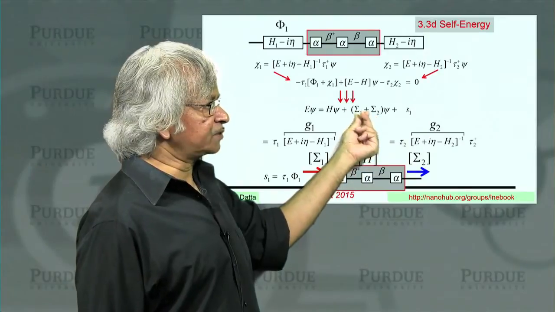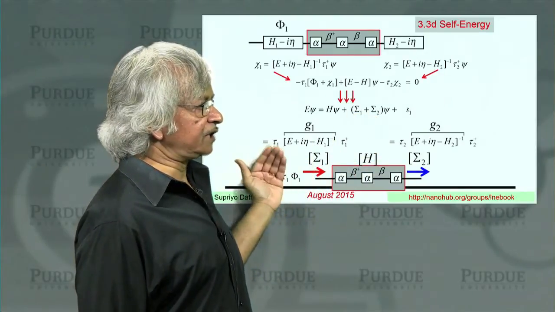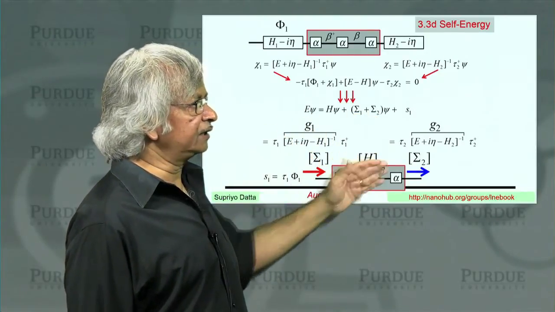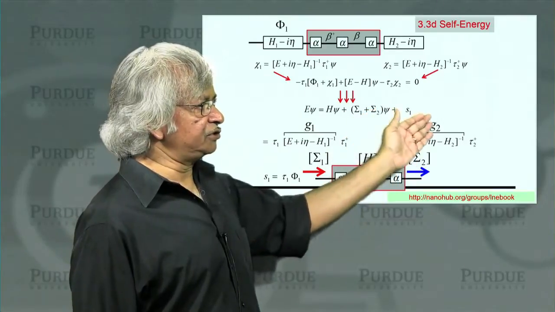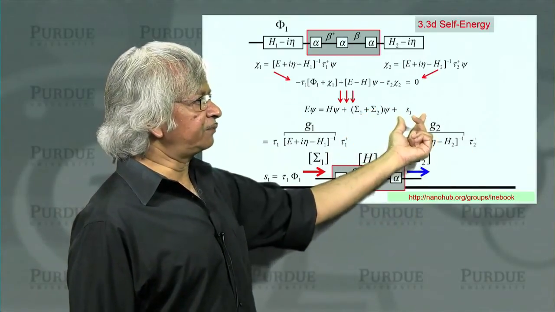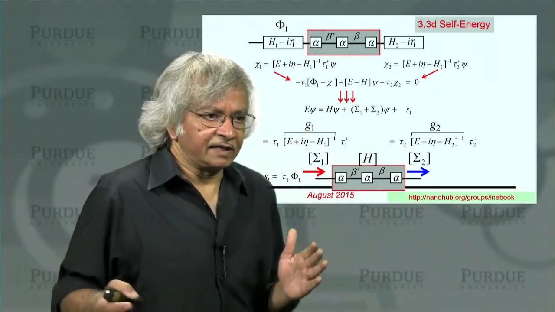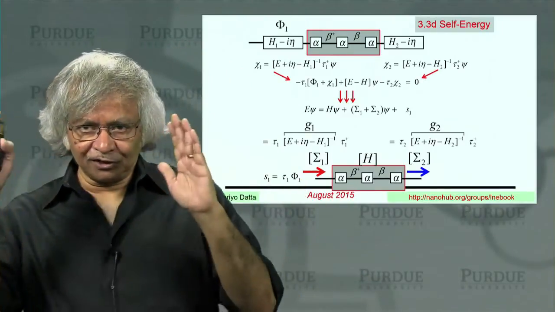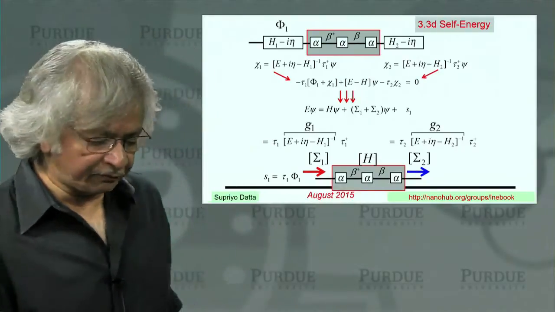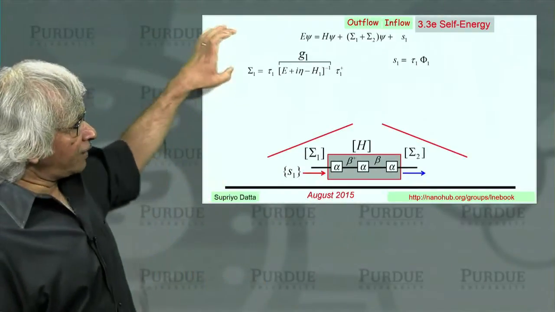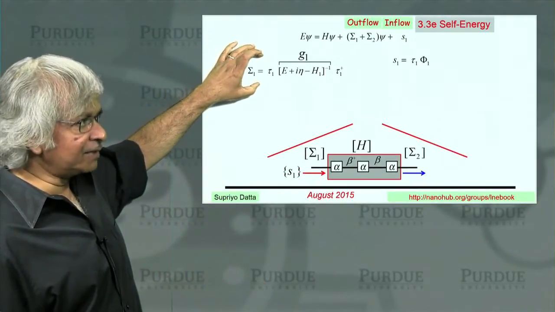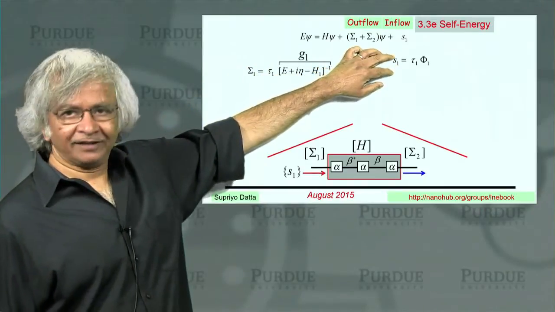And we have obtained expressions for sigma 1. It looks like tau 1, G1, tau 1 dagger. Sigma 2 is tau 2, G2, tau 2 dagger. And we have obtained an expression for the source term. And this then is like the generalization of this 1D result that we had before. So we now have an expression for the sigmas and the expression for the S.